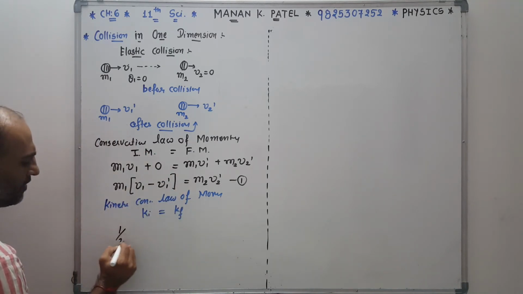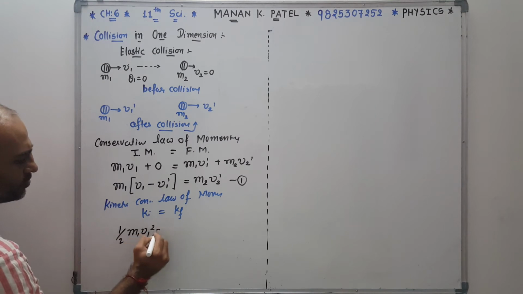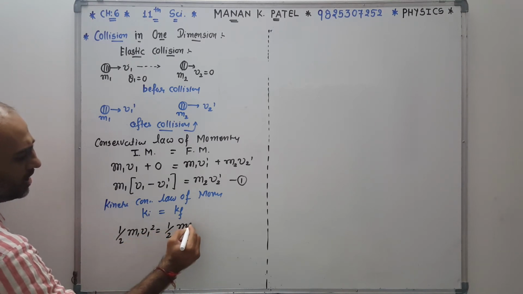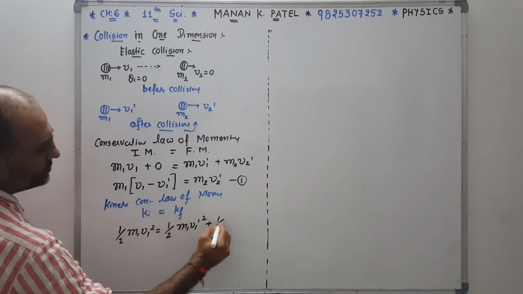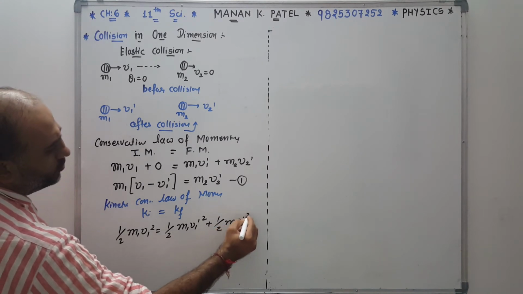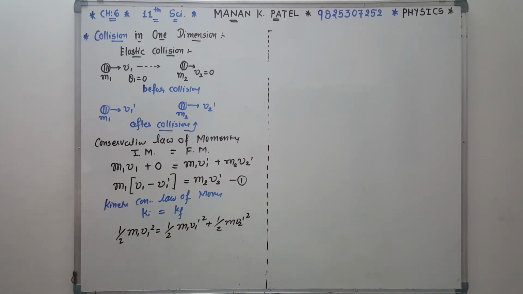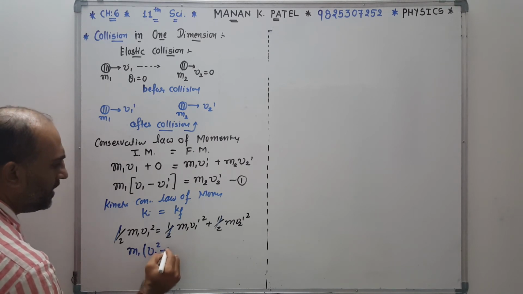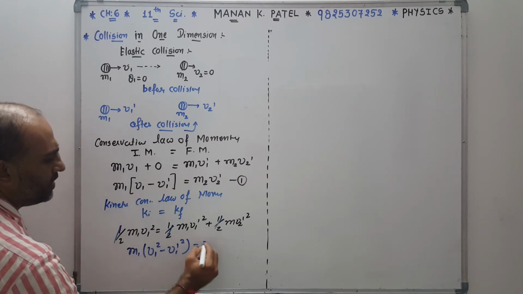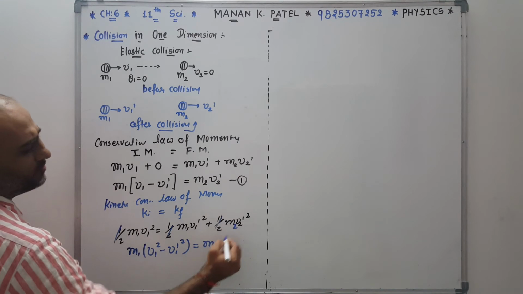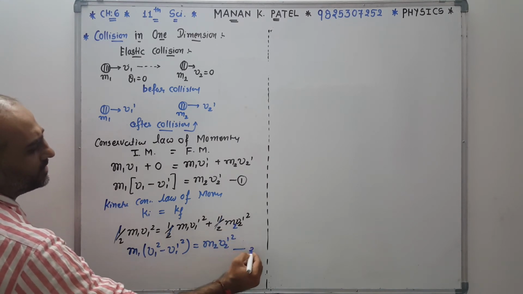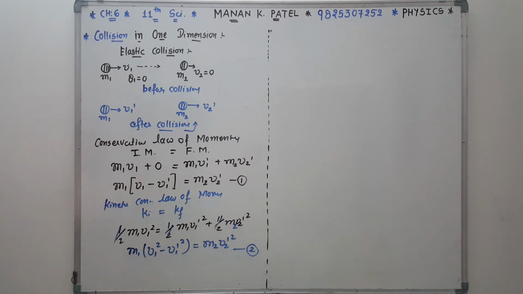So half m1 v1 square equals half m1 v1 dash square plus half m2 v2 dash square. No doubt the halves cancel and m1 is as it is. Now m1 (v1 square minus v1 dash square) is equal to m2 v2 dash square. This is equation number 2.